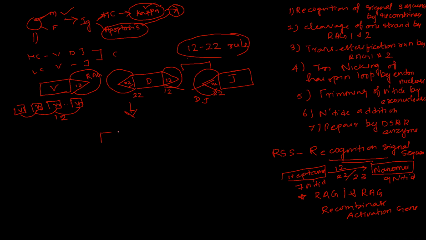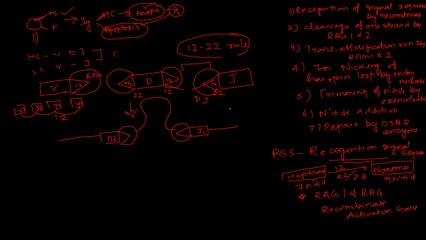So you have D2, then you have RSS, and then you have the RAG, and here you have RSS, RAG, and then you have J1 or J2, and this is your DNA. It is all in DNA, right? Now, once you bring these two parts together, the intertwining DNA will form a loop.